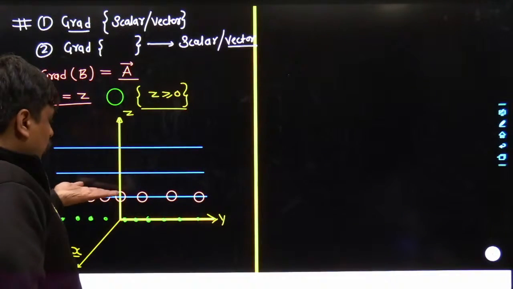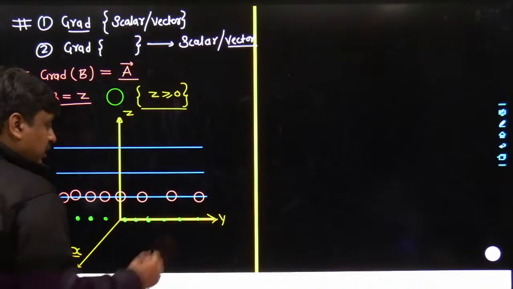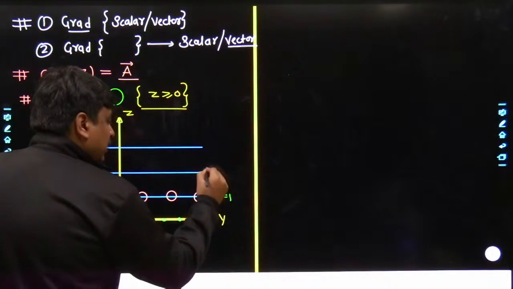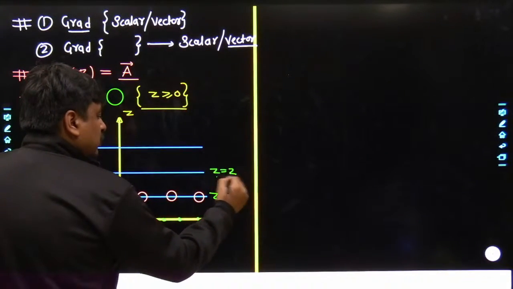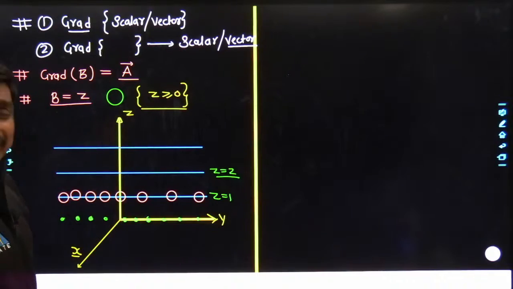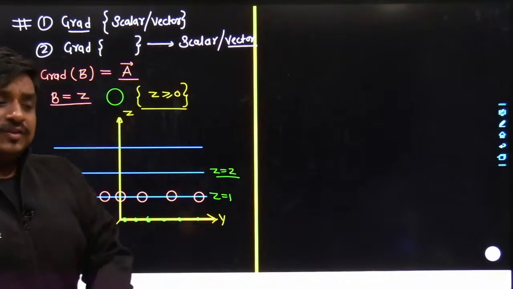And as you go towards z is equal to 2, definitely the magnitude is increasing, and as the magnitude is increasing, the radius of the circle would increase.